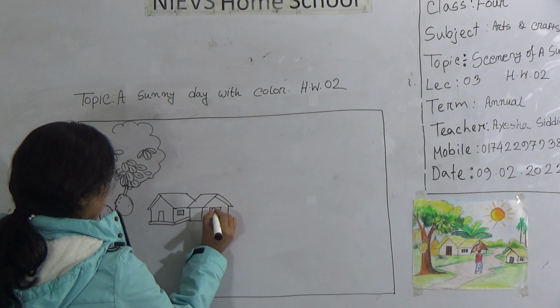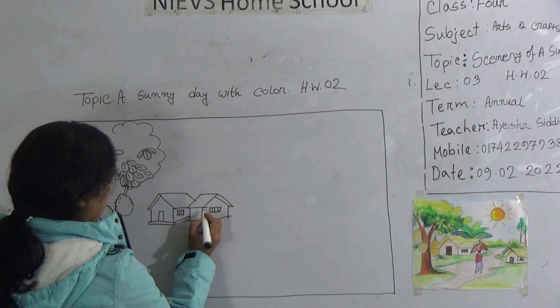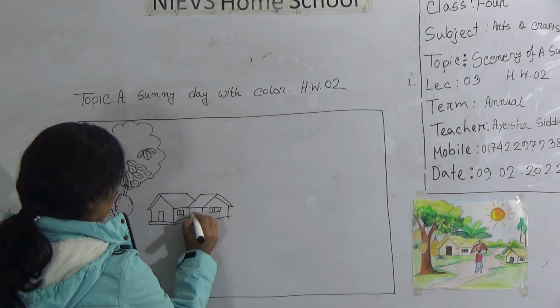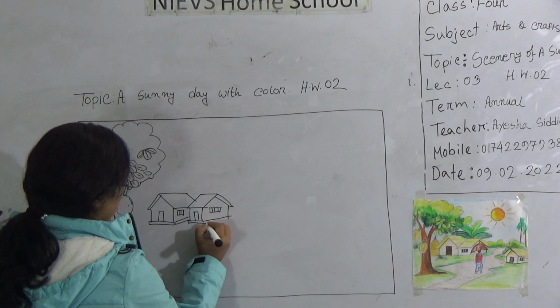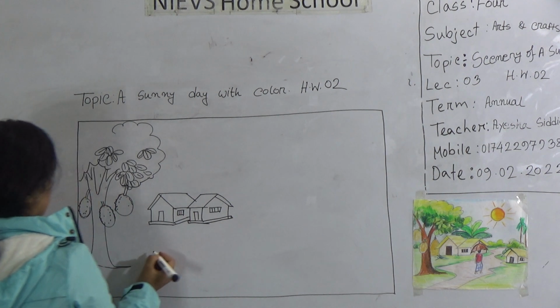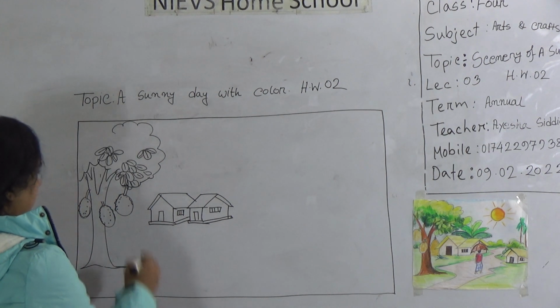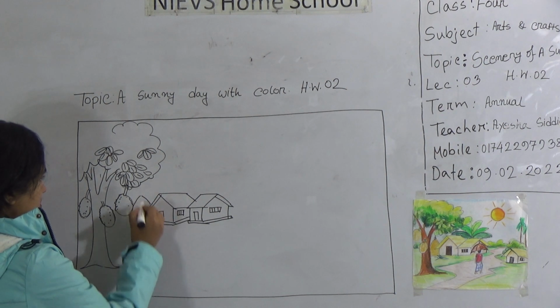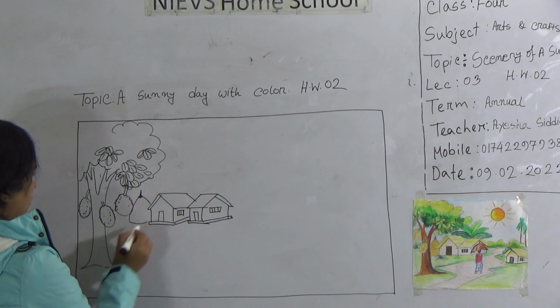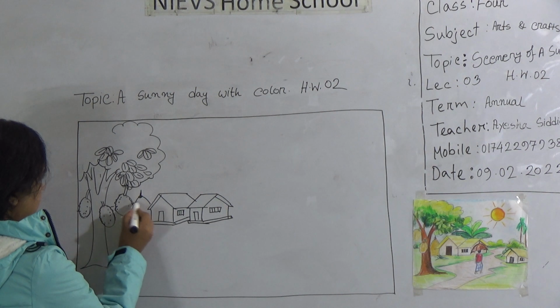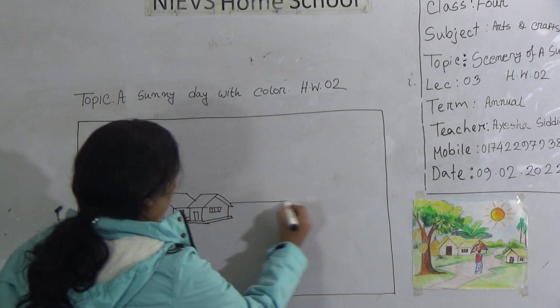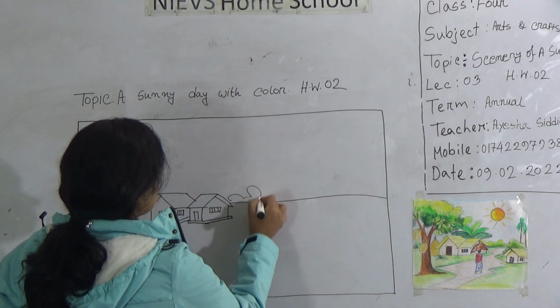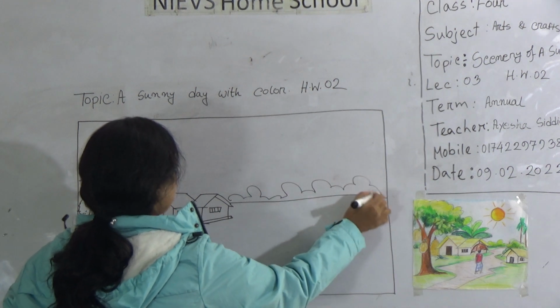When you go to the village, you can watch that a lot of houses have haystacks. Now I will draw the haystacks behind the house. After that I will give the far village behind the house like this.